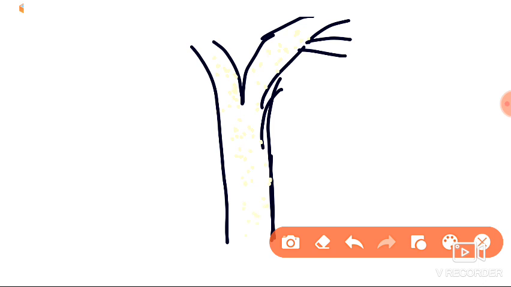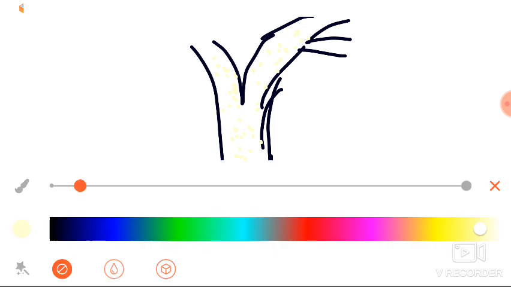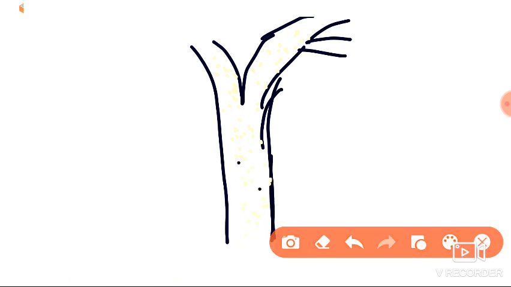And what about dark-winged moths? They are also present, but in less number, because the background of the bark of the tree is completely white because of the development of lichens. So white-winged moths are not identified by the predators, either a bird or any other animal.